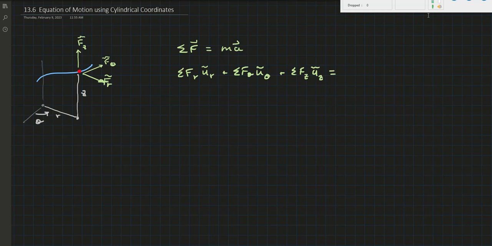And then we'll set that equal to mass times the acceleration in the r, theta and z direction. So it's a little different about this than what we did with normal and tangential components, is we're actually allowing acceleration in all three spatial directions.